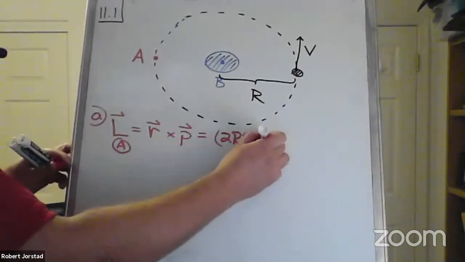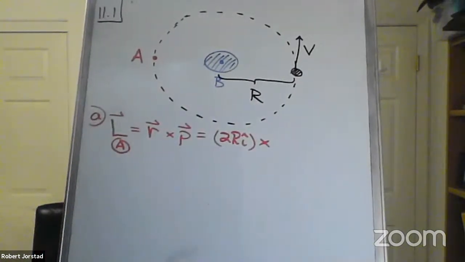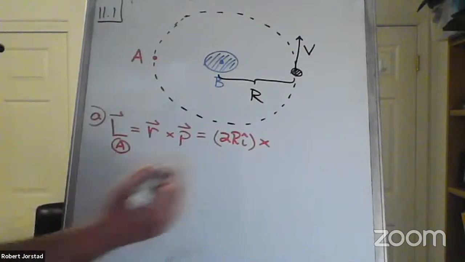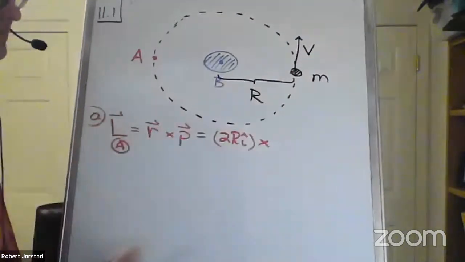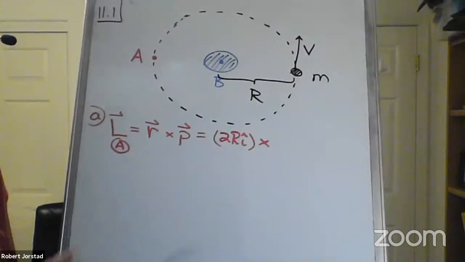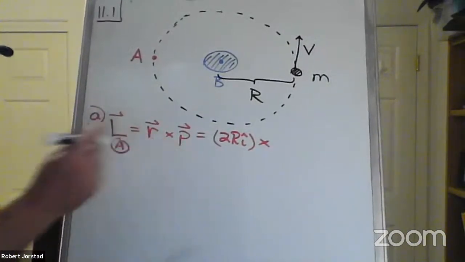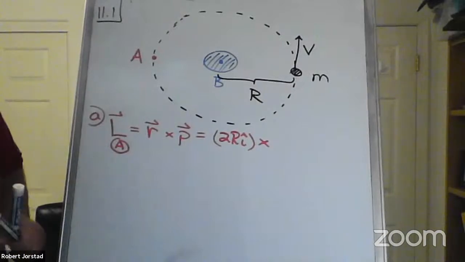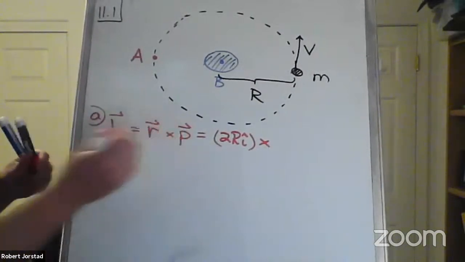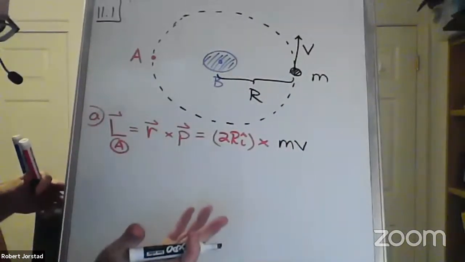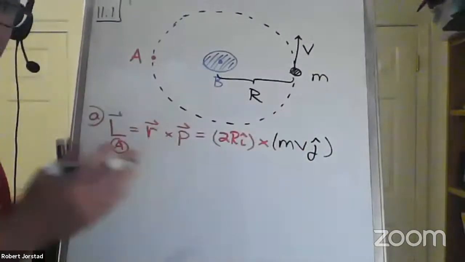And then I'm going to cross that with, what's the momentum? Assume this particle has some mass m. What would the momentum be? Would it be m times v? What direction? j hat, right?